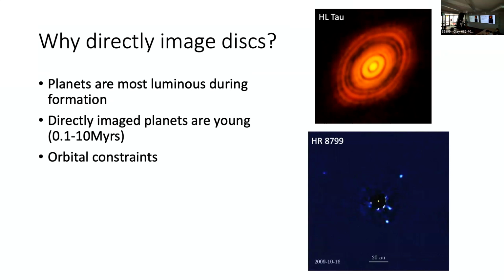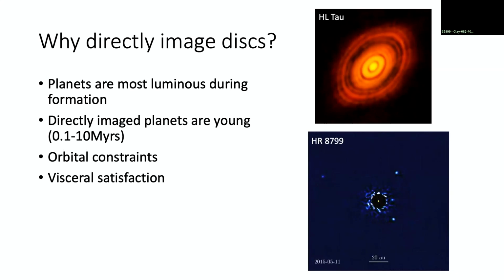And we can also look at disks at different ages to get an idea of whether planets just form in place and then not move. Is the migration process important? And what else could impact orbits? And of course, the satisfaction of actually imaging a disk with an embedded planet is very, very nice as well.